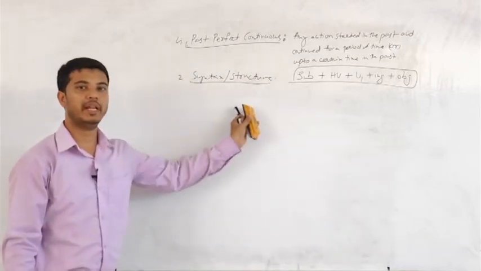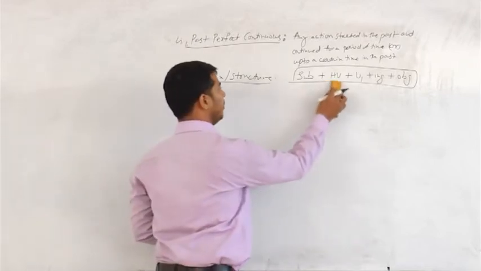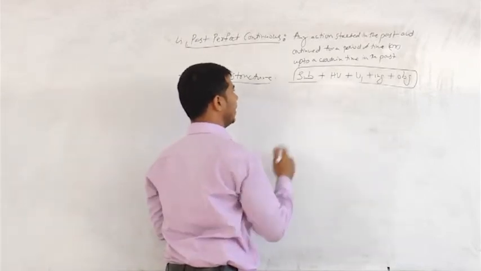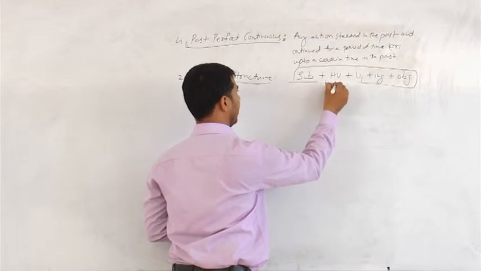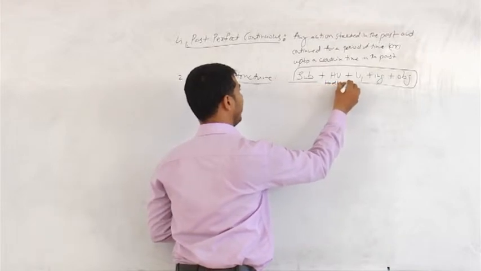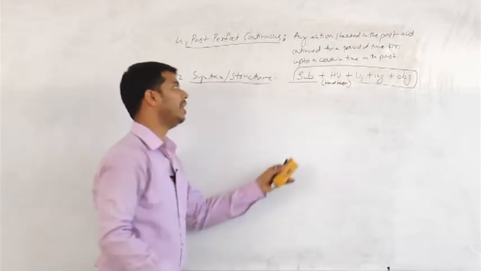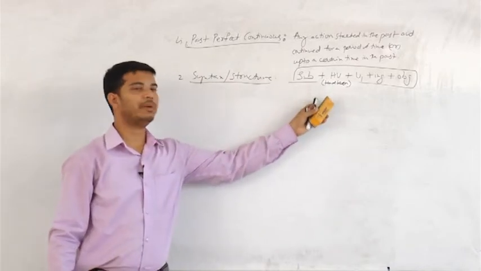Now let us see what the helping verb is here. Coming to the helping verb, we take had been. Repeat, we take the helping verb had been here, a single helping verb. Once again there is not much confusion.